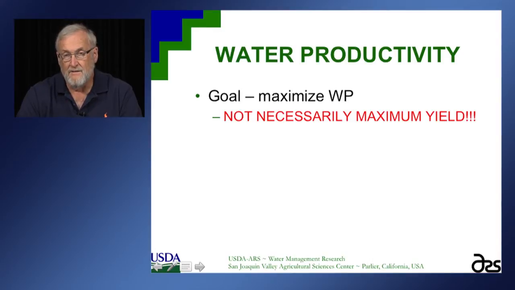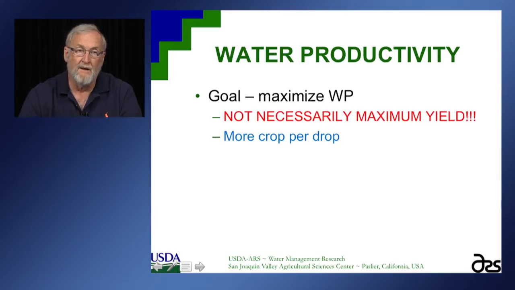So to really maximize or get the most out of your water, you aren't necessarily trying to get a maximum yield. Another way of looking at it is we're talking about trying to get more crop per drop, and you'll hear this come up quite frequently.